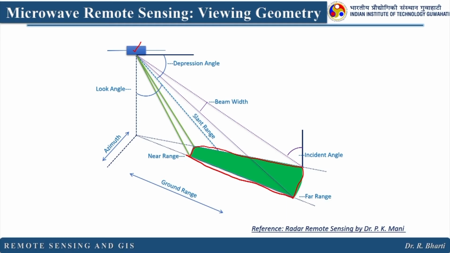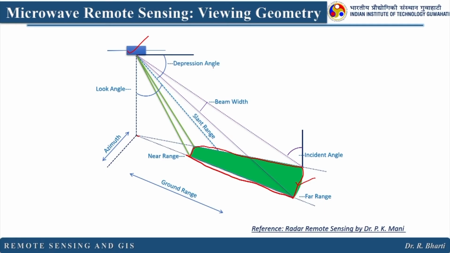In this image, this is your sensor, and you can draw the nadir by looking downward, which will make 90 degrees with the surface. Now let us see the different nomenclature for this geometry. I am going to highlight all these terms one by one.